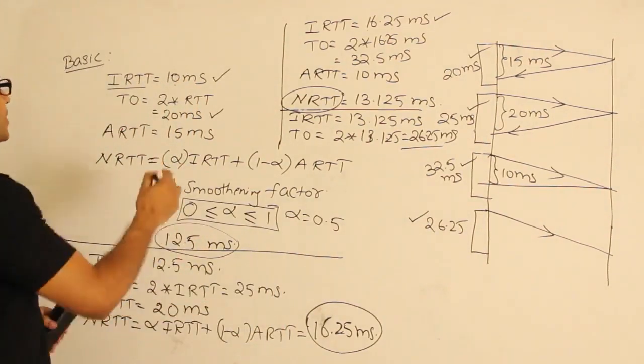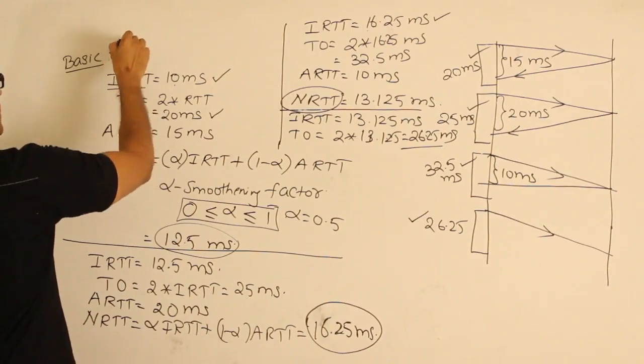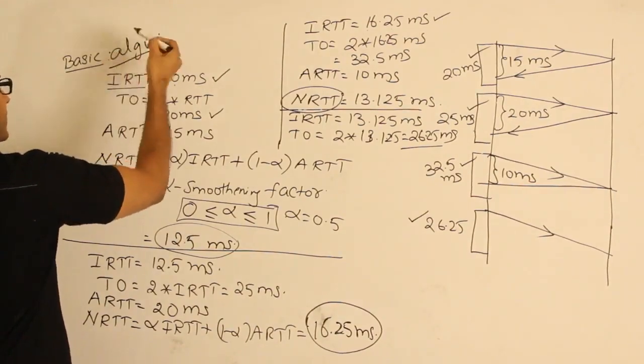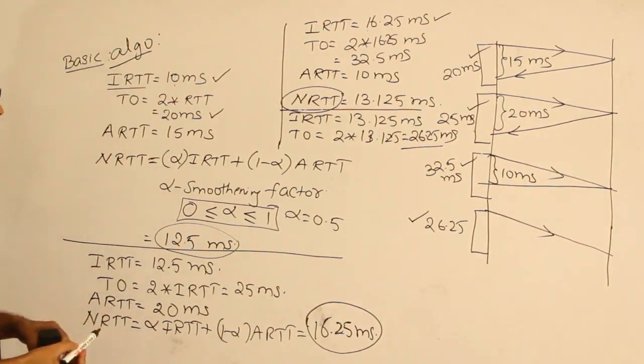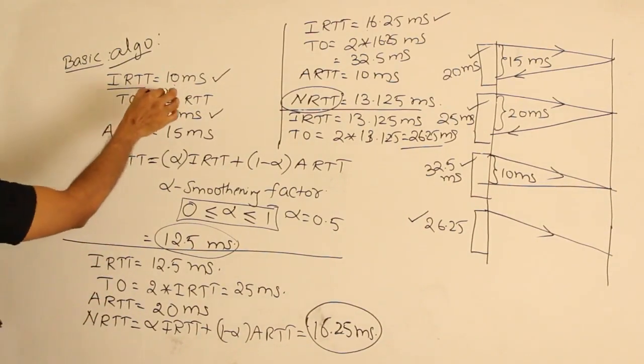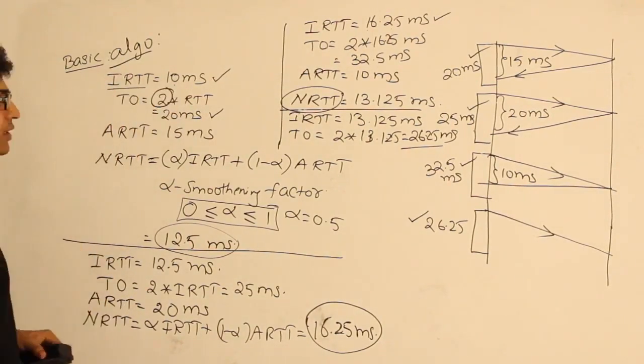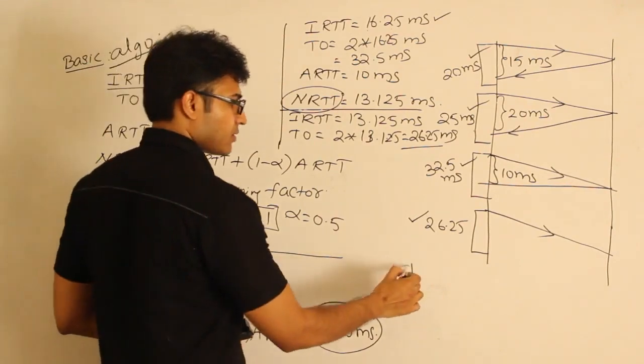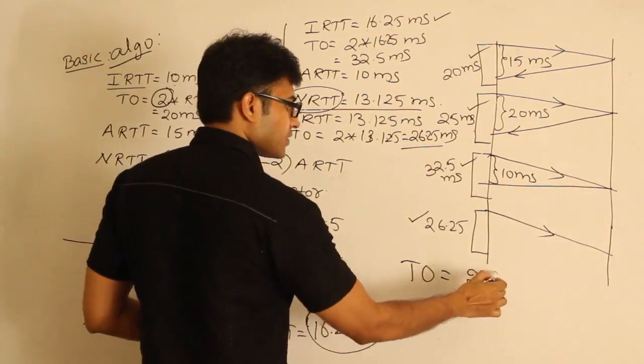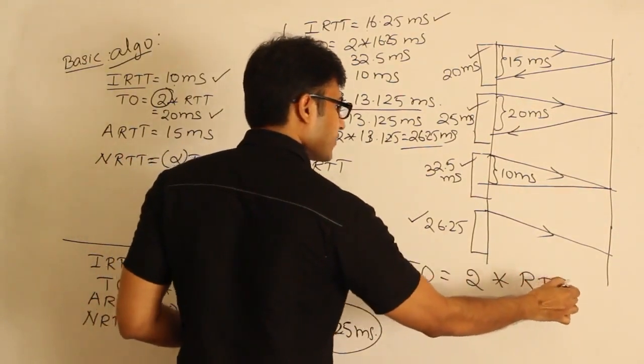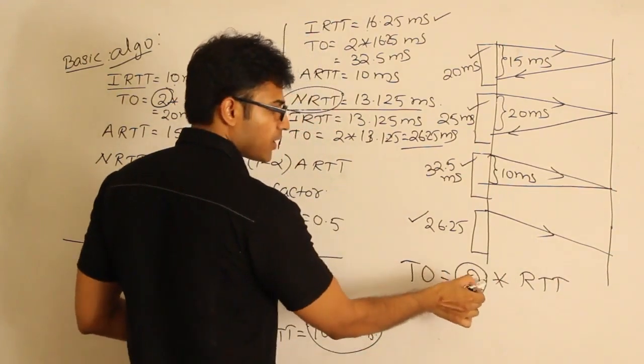The disadvantage of this basic method, this is called the basic algorithm, is that timeout is always taken as 2 into RTT. And why 2? Why not any other number?